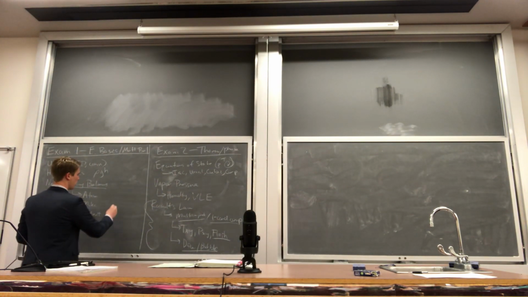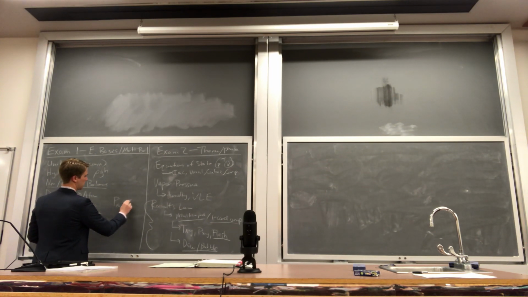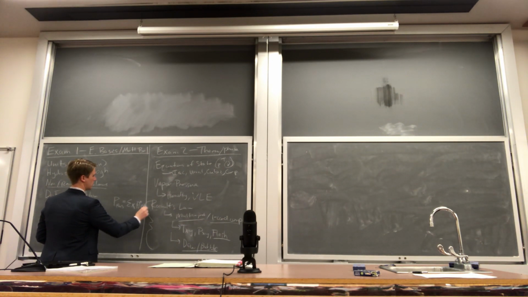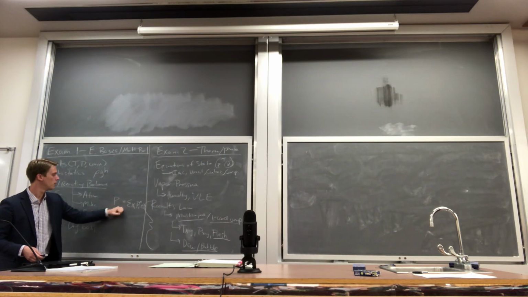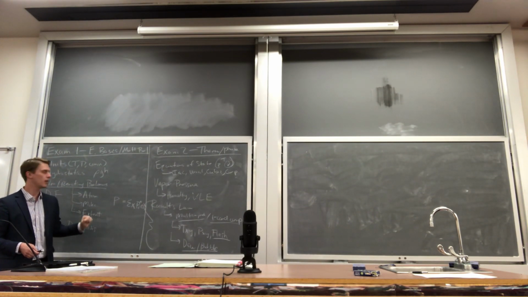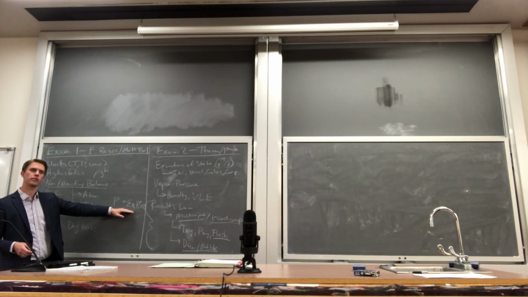So for example, the bubble pressure equation, we can use this equation to solve for the flash calculation, because all we've done here is substitute Raoult's law into the summation of yi.